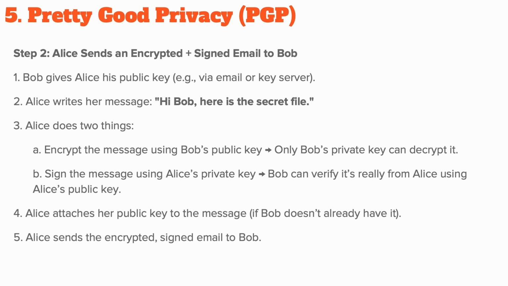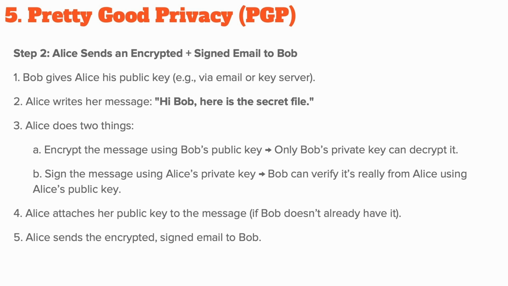Encrypt the message using Bob's public key. Only Bob's private key can decrypt it. Then she signs the message using Alice's private key, so Bob can verify it's really from Alice using Alice's public key.